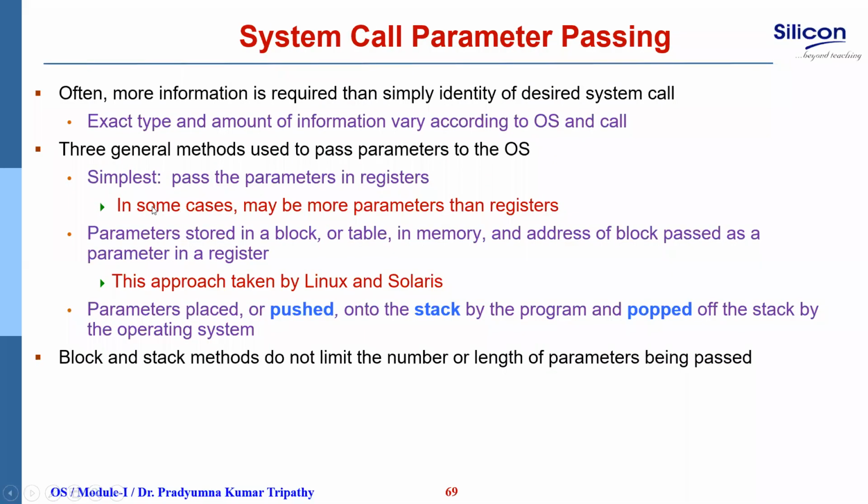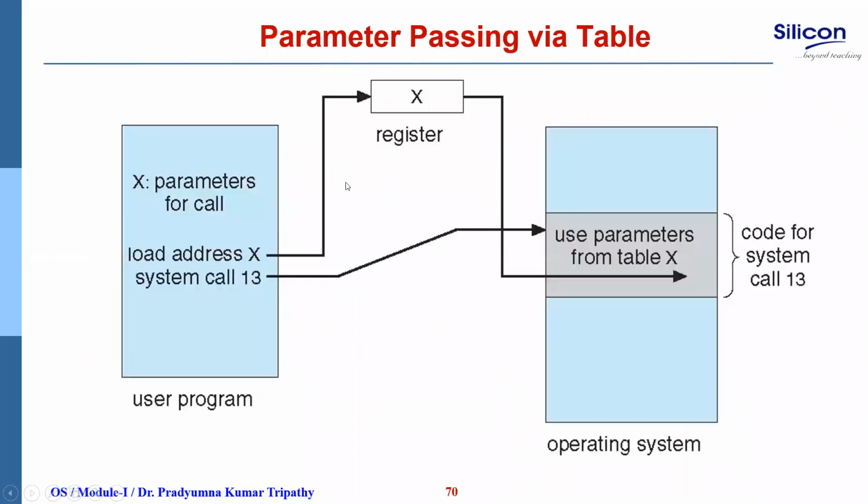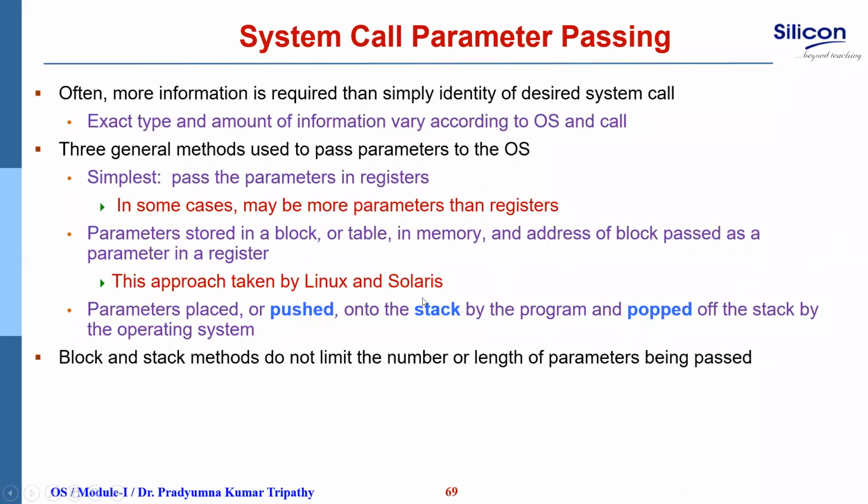The second one: in some cases there may be more parameters than registers, so we cannot put them in registers if more than one parameter is there. So the parameters are stored in a block or table in memory, and the address of the block is passed as a parameter in the register. I put the parameters in a block or table, and the starting address I just keep over here. This approach is taken by Linux and Solaris.